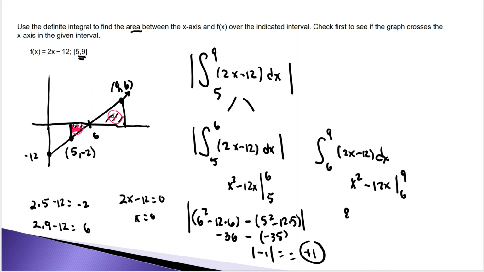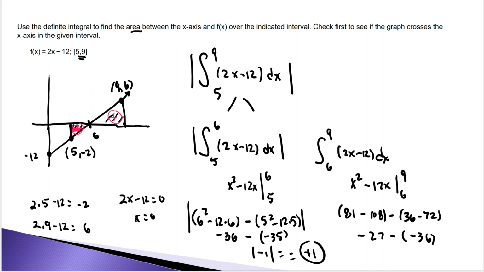So I'll get 81 when I plug in the 9, minus 12 times 9 is 108. Minus, and when I plug in a 6, I'll get 36, minus 12 times 6 is 72. So I've got an 81 minus 108, which is a minus 27, minus a negative 36.